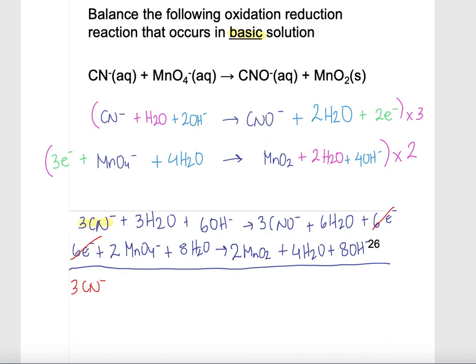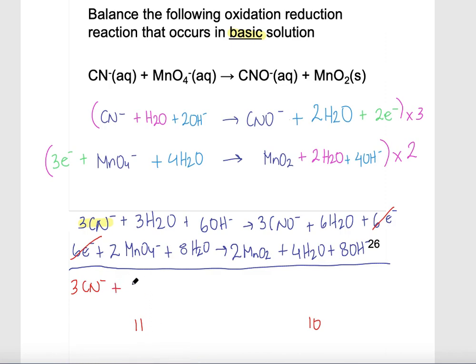The next thing is my water. I have 3 waters here, and I have 6 waters here, and 8 here, and 4 here, so I have a ton of water, right? So 3 plus 8 is equal to 11. And on the right-hand side, I have 6 plus 4 is equal to 10. That means that I'm going to be left with a total of 1 on the left-hand side.